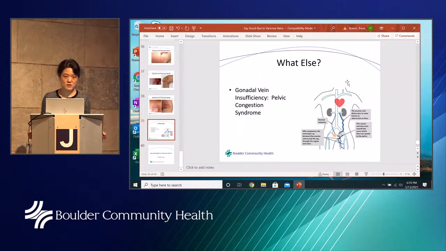If you pinch your toe, does the color come back from blanching in a second or less than 3 seconds for sure? So there's many, many things that we look at to differentiate arterial versus venous.